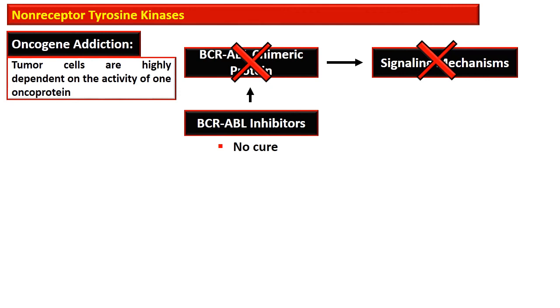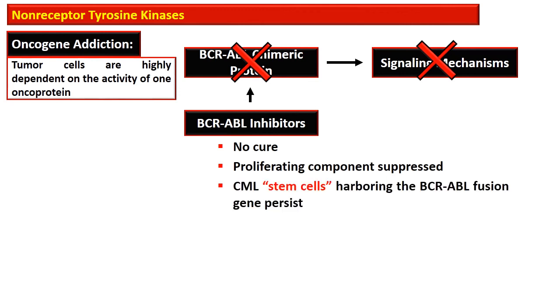But interestingly, it is seen that the administration of this inhibitor does not lead to a full cure from this chronic myeloid leukemia, but the proliferating component of the tumor is suppressed, and it is due to the presence of chronic myeloid leukemia stem cells that harbor the fusion gene.